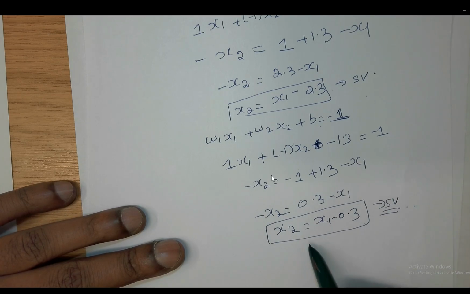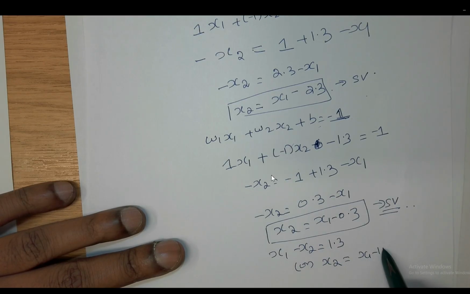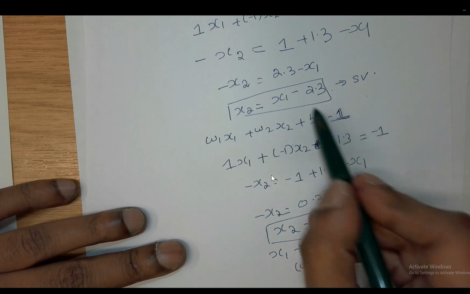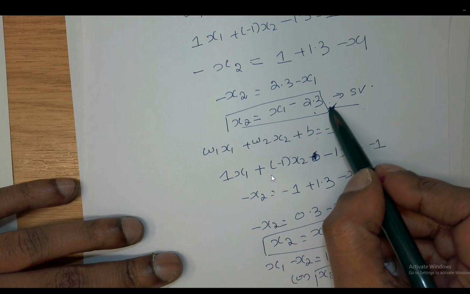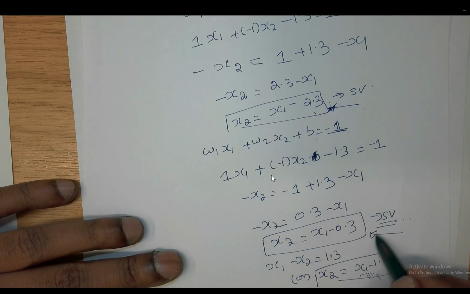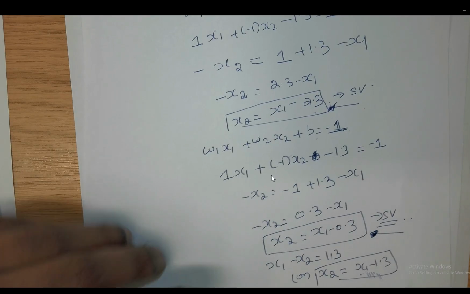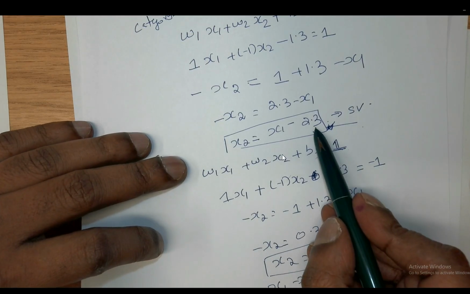And we already have the hyperplane x1 minus x2 equal to 1.3, or x2 equal to x1 minus 1.3, which I already plotted. Now I am going to show that this is one support vector and this is the other. Okay, so let's plot this.